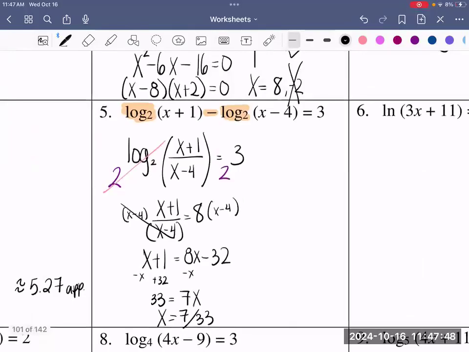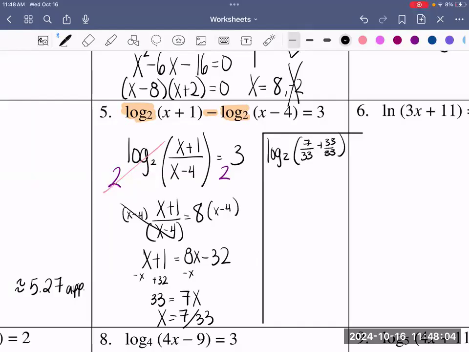And again, we can check your solution by plugging it back in if we want. But as long as it's positive, it should work. Let's see, log base 2 of 33 over 7 plus 7 over 7. So we have log base 2 of, let's see, that's 40 over 7 minus, let's see, 33 over 7 minus 4 over 1.